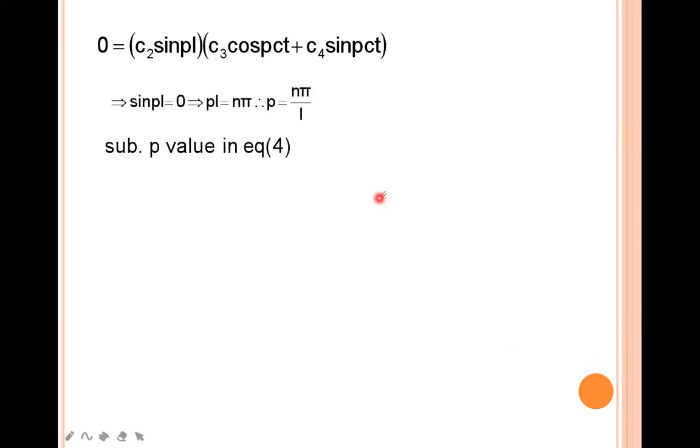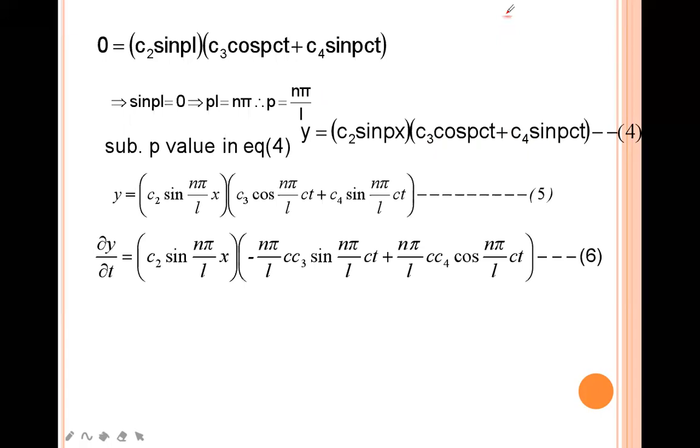What is equation 4? y equals C2 sin Px into C3 cos PCT plus C4 sin PCT. In this we put P equal to n pi by L. Therefore y equals C2 sin (n pi by L) x into C3 cos (n pi by L) Ct plus C4 sin (n pi by L) Ct.